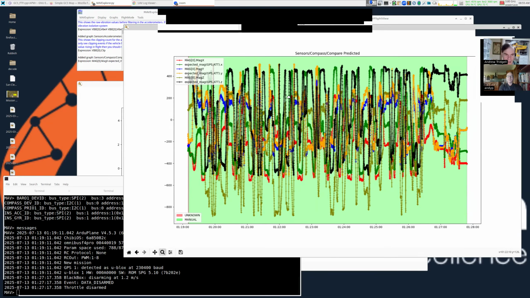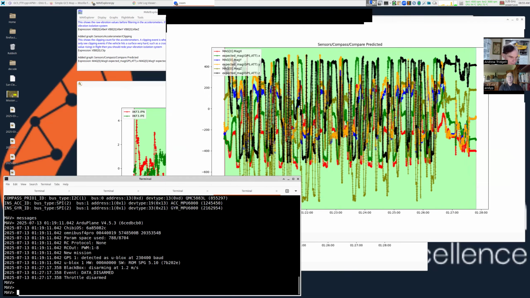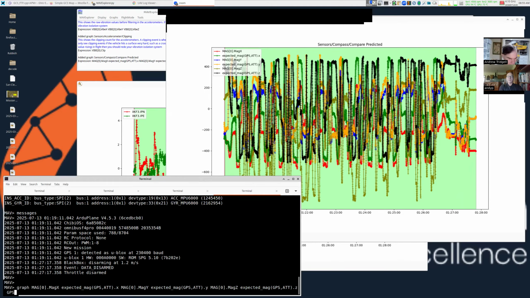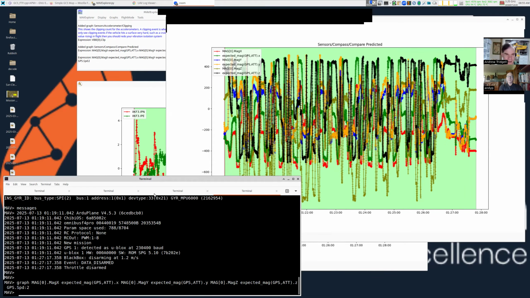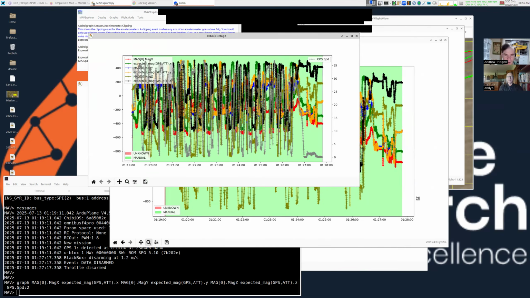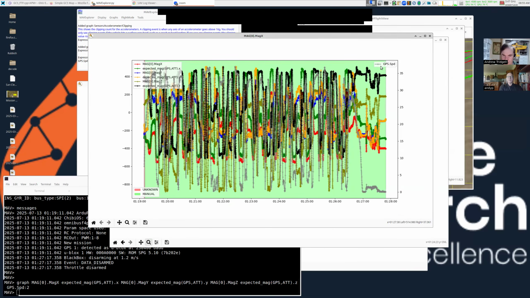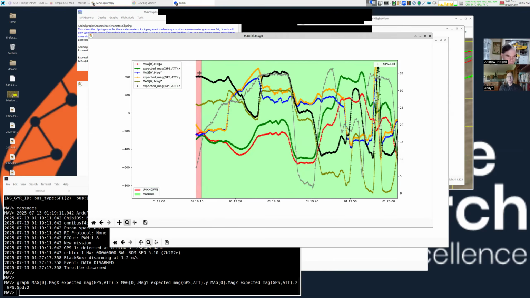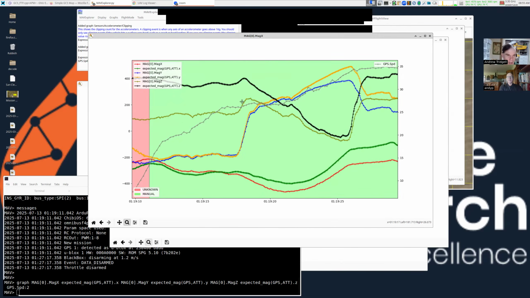So let's have a look at the takeoff, right? If I put GPS.speed as yet another line on this already complex graph, so now what I've got is this grayish line, terrible color scheme, and we can have a look at, during the start of the flight, as you can see the speed increasing, are we seeing a distinctive change in the magnetic field, how well it's aligned, as we increase speed?